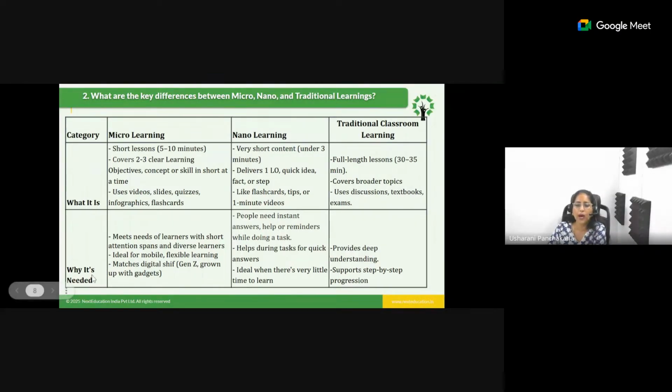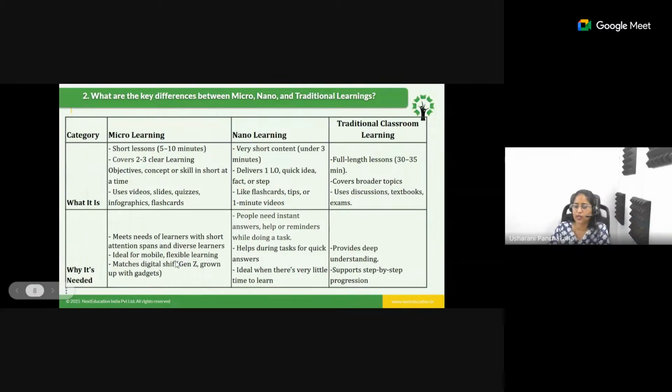Now coming to why it is needed. It is needed mainly, as one of the ma'am said, because of shorter attention spans and diverse learners, because learners are no more just audio learners. Now they are visual learners, kinesthetic learners, and multi-learners. It is also ideal for mobile flexible learning, where everyone has gadgets and can learn whatever they want at whatever time.